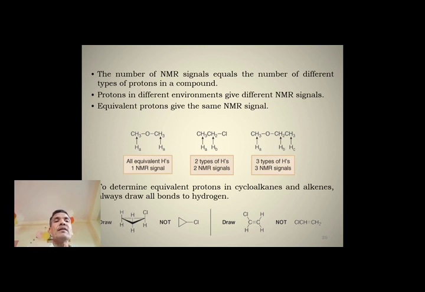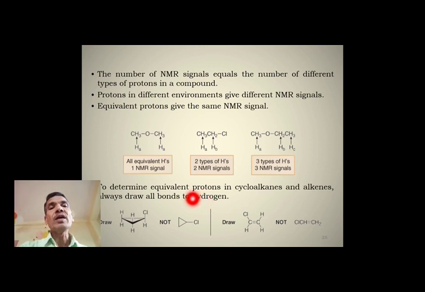To determine equivalent protons in cycloalkanes and alkenes, always draw all bonds of hydrogen atoms present in a molecule. For example, in case of chlorocyclopropane, in this molecule, one carbon atom is attached to chlorine atom.